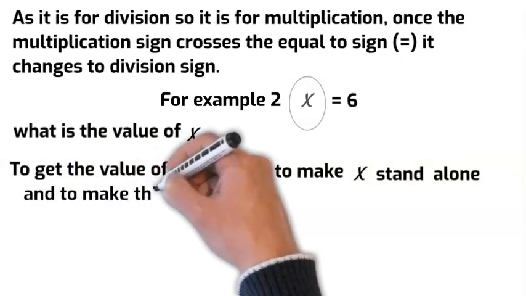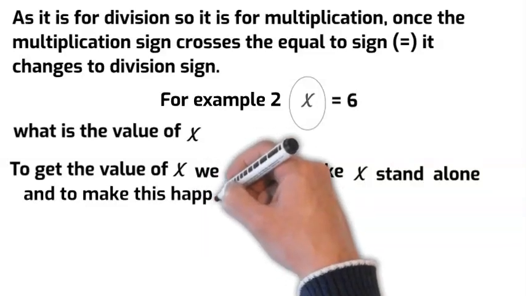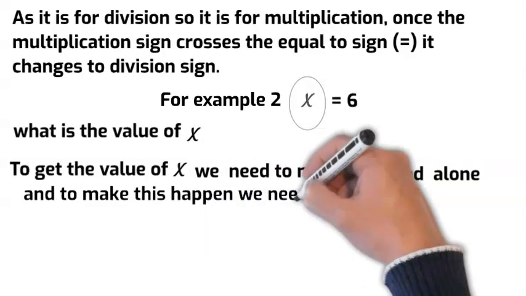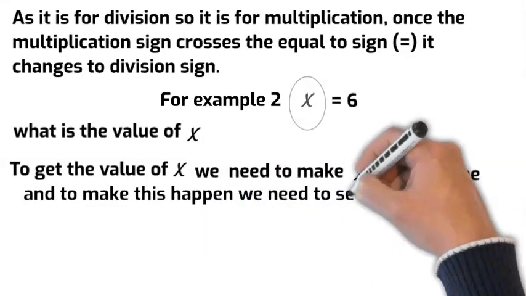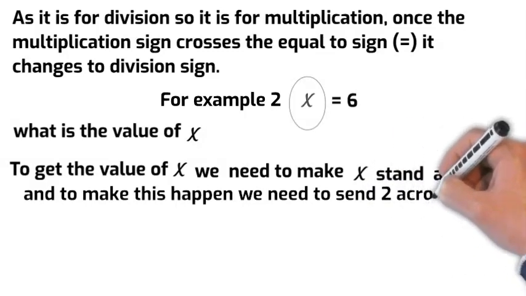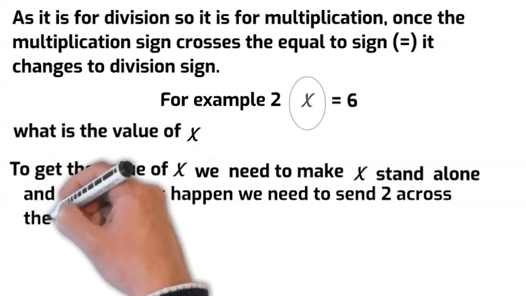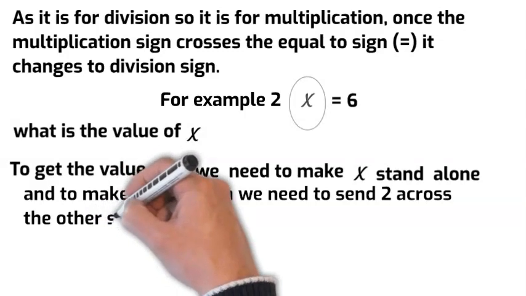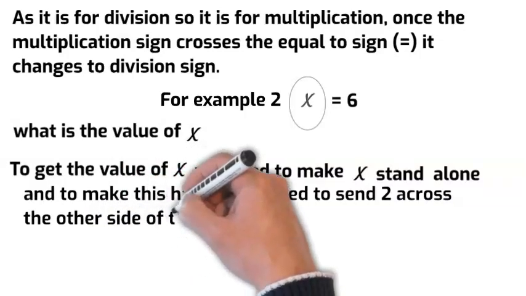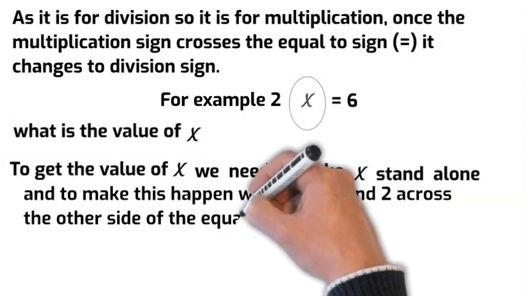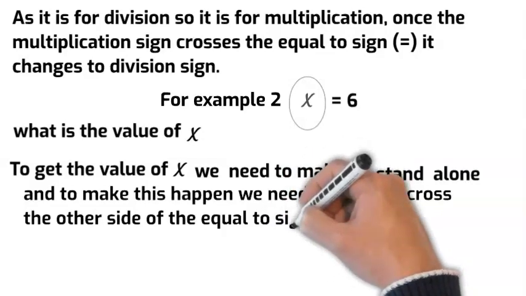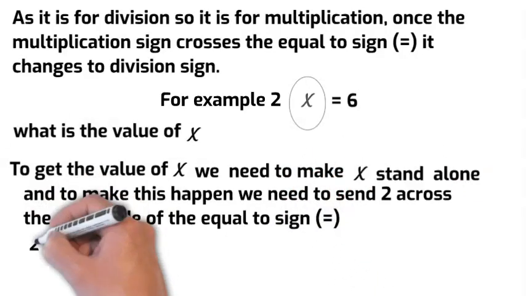And to make this happen, we need to send 2 across to the other side of the equal to sign.